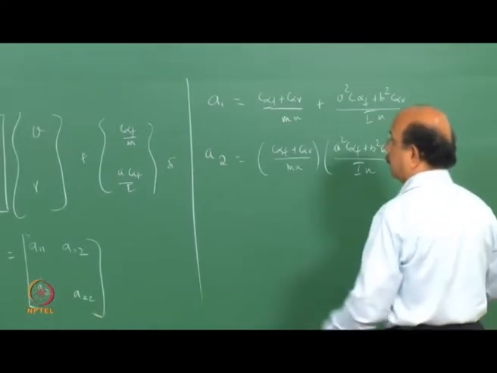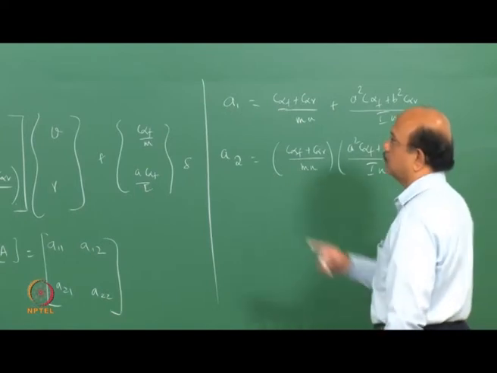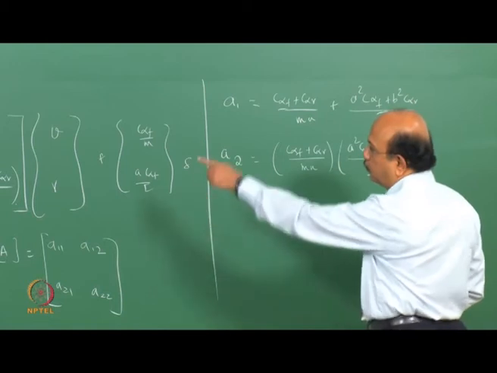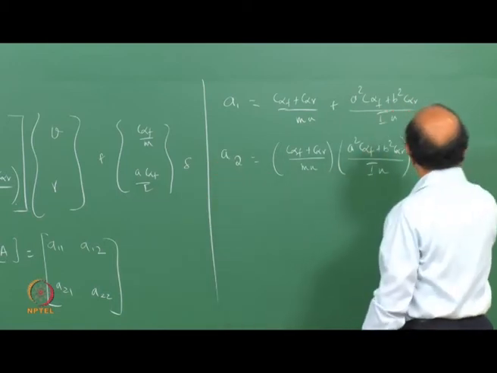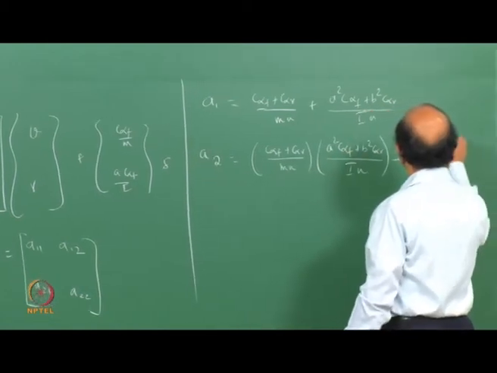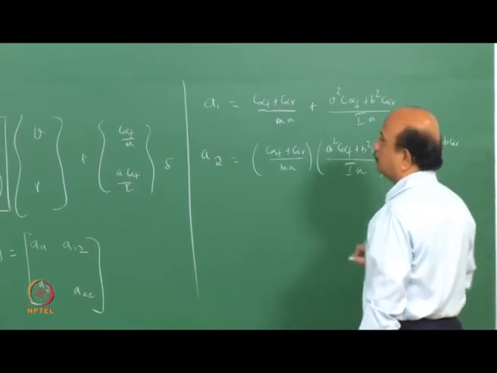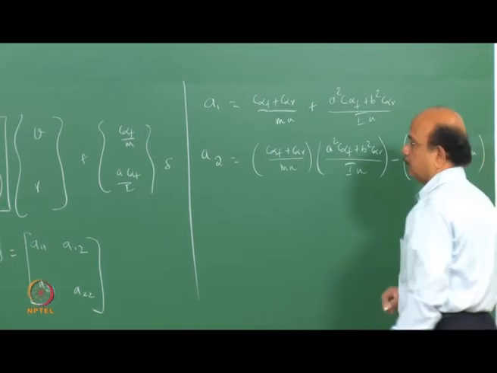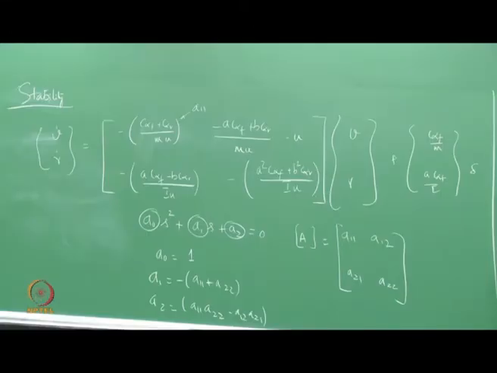minus, what is A12? Minus (A C alpha F plus B C alpha R) divided by m u, minus u, multiplied by, which term?